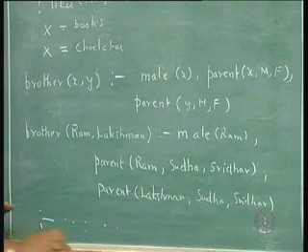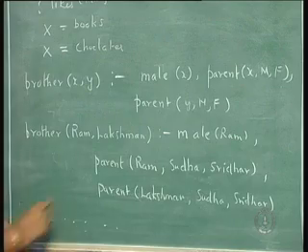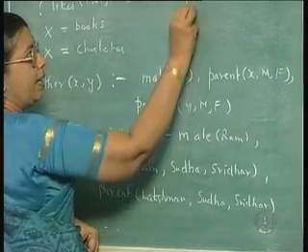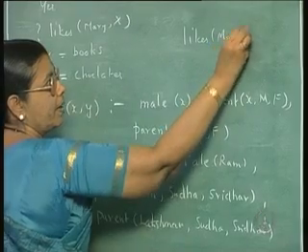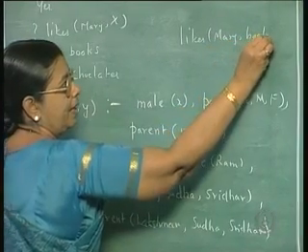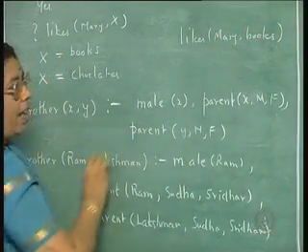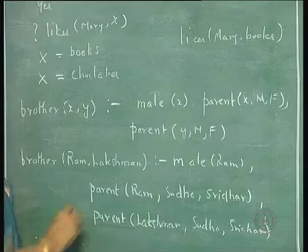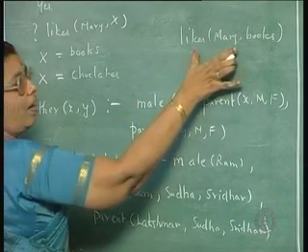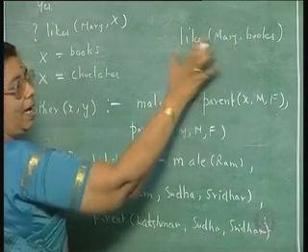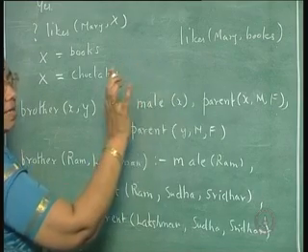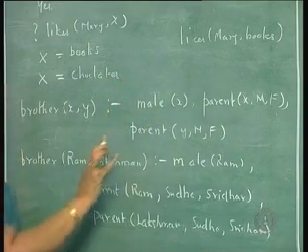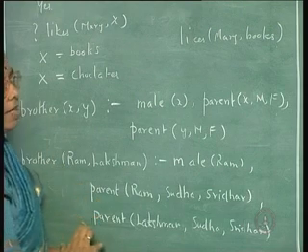A single fact like likes Mary books is just one literal and it is a headed Horn clause with just one literal. So, a fact is a headed Horn clause with just one literal.